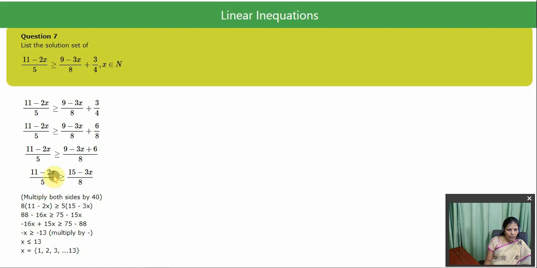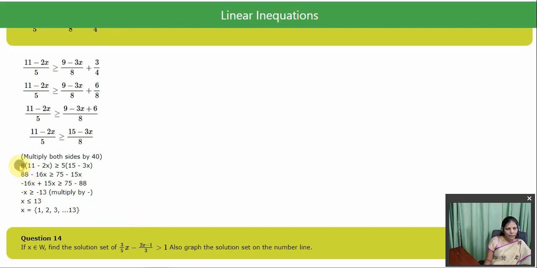When you cancel by 5 you get 8. So 8 into (11 - 2x) ≥ when you multiply the whole fraction with 40 and cancel, you get 5 into (15 - 3x).